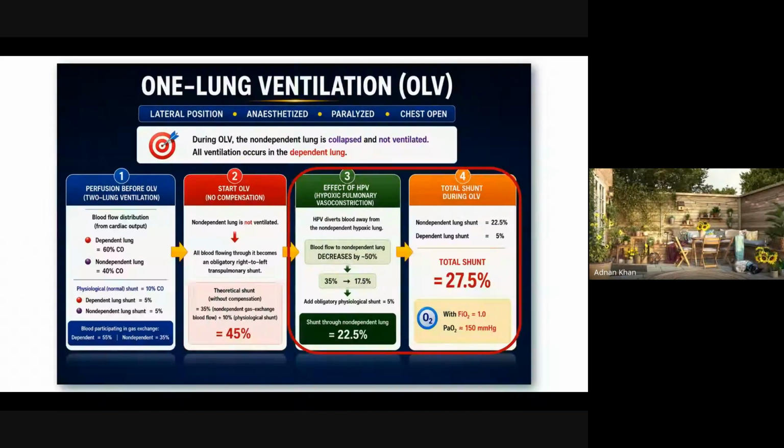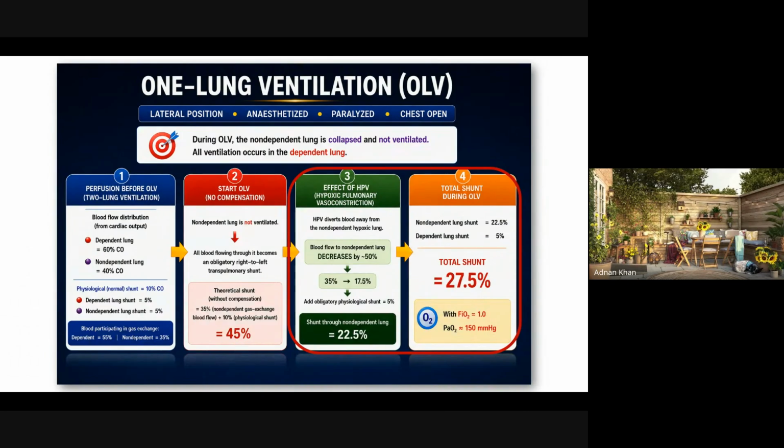It means that 17.5% of the blood will go to the non-dependent lung, and 17.5% will be shifted toward the dependent lung. And as we know, 5% is the obligatory physiological shunt of the non-dependent lung. So in this case, a total of 22.5% blood will be shunted.